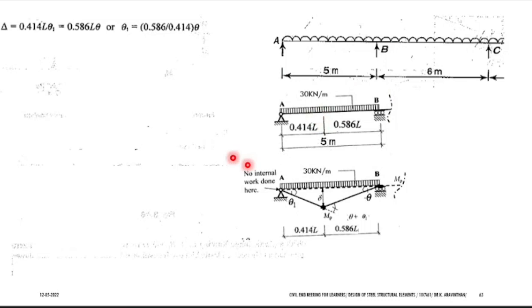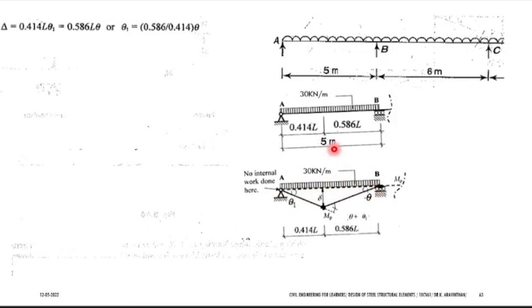So you can take this diagram. And how will you find the mechanism? This drawing is known as the mechanism, the plastic mechanism. How will you find this mechanism? You will use internal work done equal to external work done. This is your equation. Will you get the same theta at both the joints?